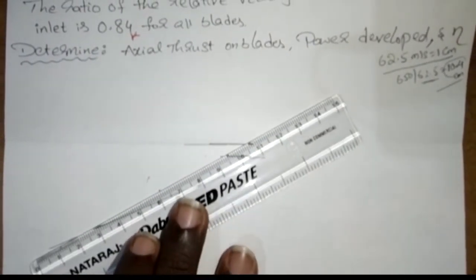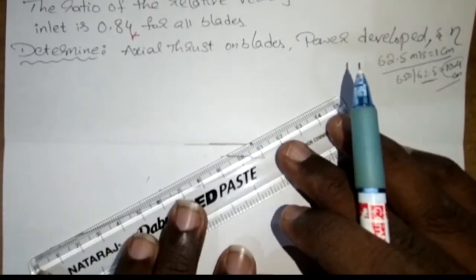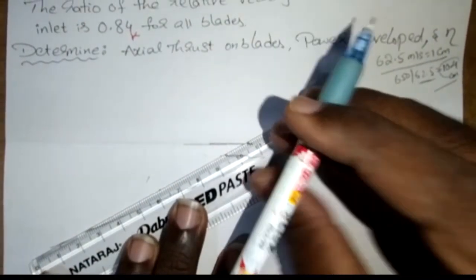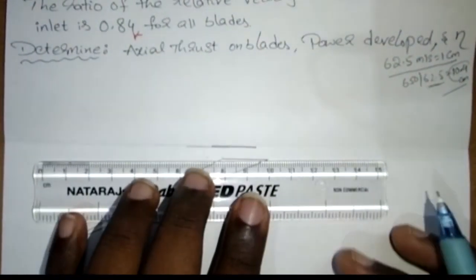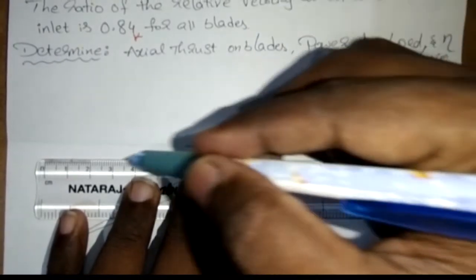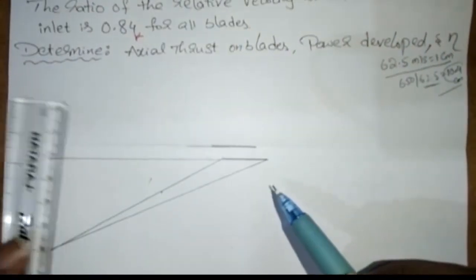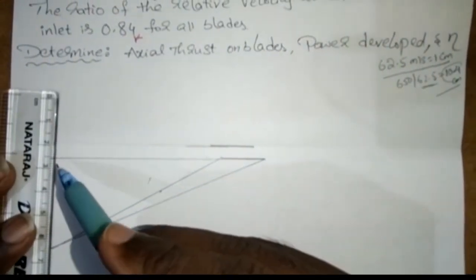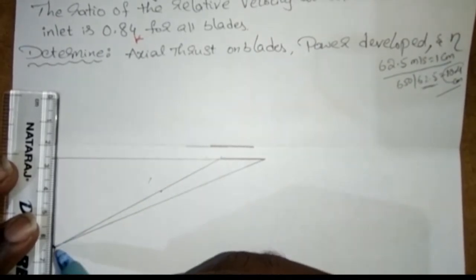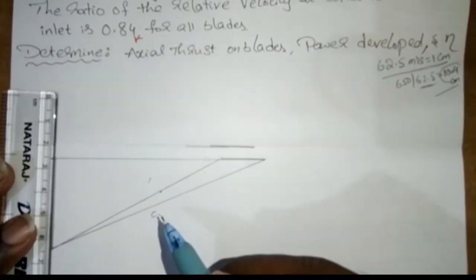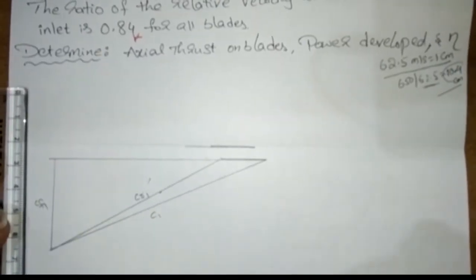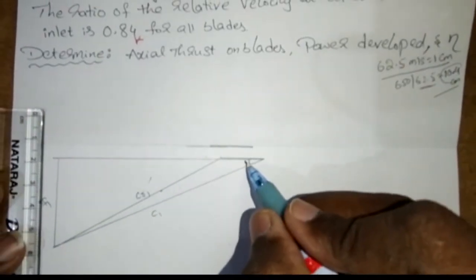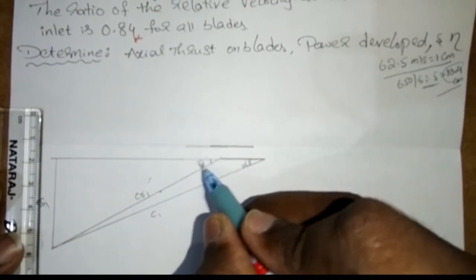Then join these two ends. Simply put the scale to both ends and join. Here draw a horizontal line. Simply join these ends. Here this is C1, CR1, CF1. Here this is alpha, this is theta.